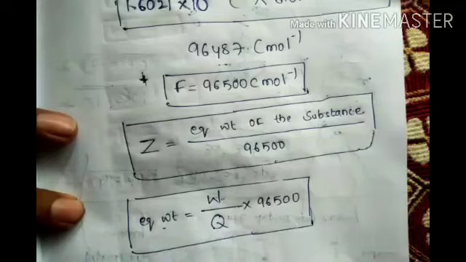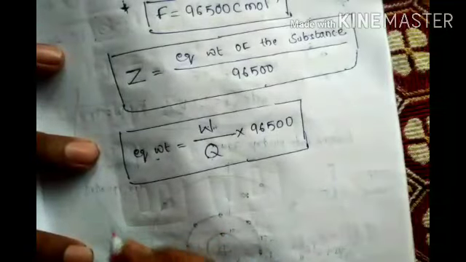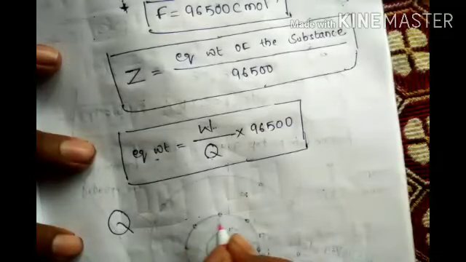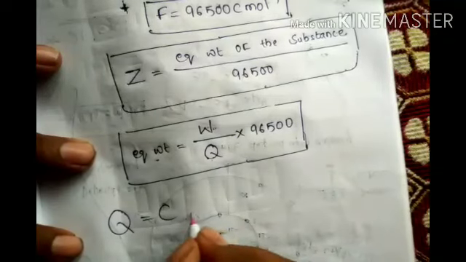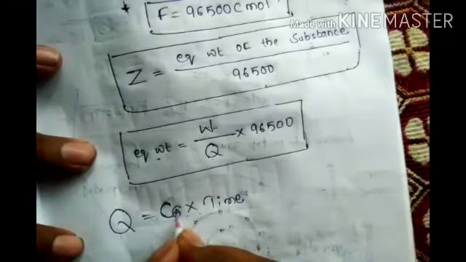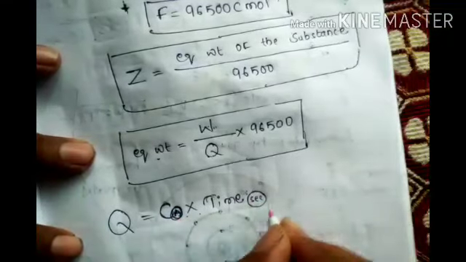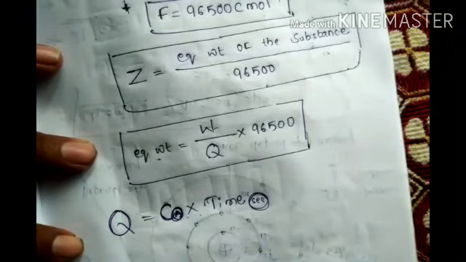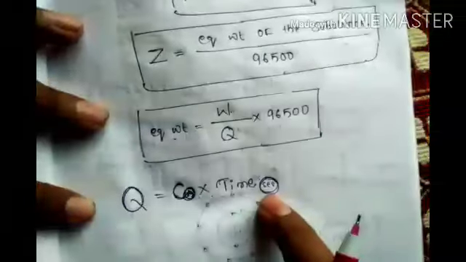And one more formula, quantity of electricity, which you already know. Quantity of electricity Q in coulombs equals current in amperes into time in seconds.